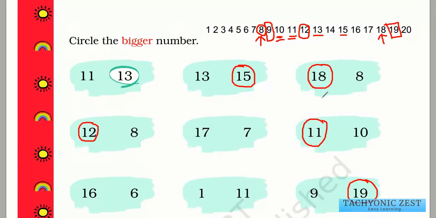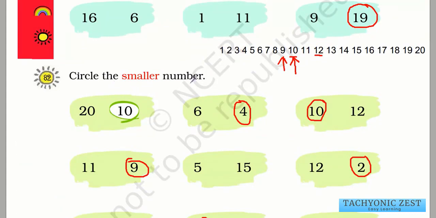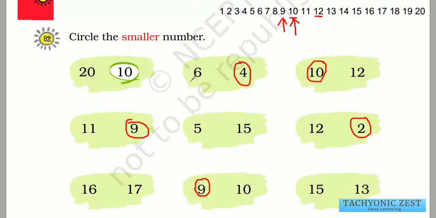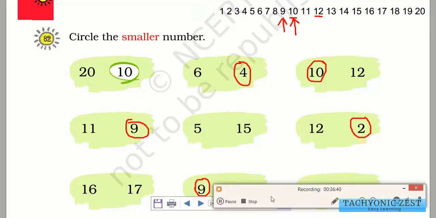Out of 13 and 15, 15 came after 13. 15 was here somewhere and 13 was here somewhere, so 15 came after 13, so 15 was the bigger number. But in case of the smaller number, the number that comes before is the smaller number, as in this case 9 and 10. 9 comes before 10, so 9 is the smaller number.